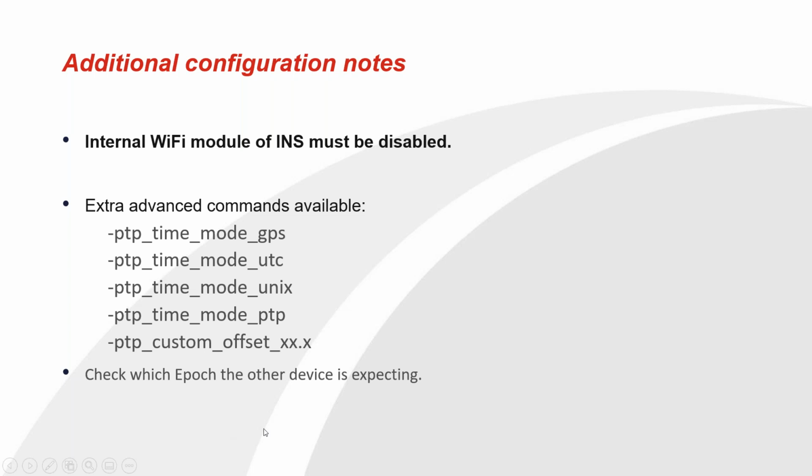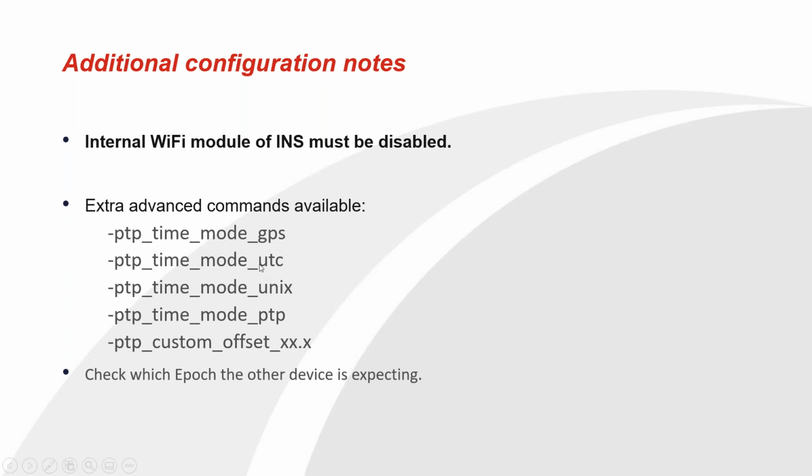depending on what time format your PTP slave is expecting, you can choose different epochs. By default, the INS will output time in GPS time, so the number of seconds since the GPS epoch in 1970, but you can change that to be the Unix epoch.